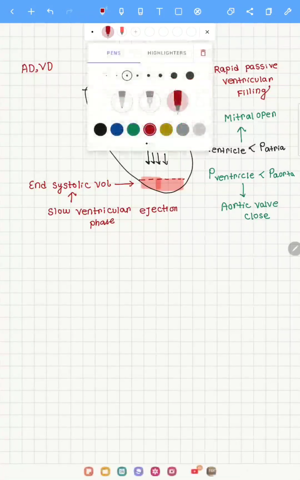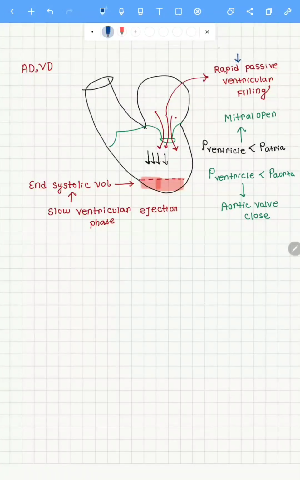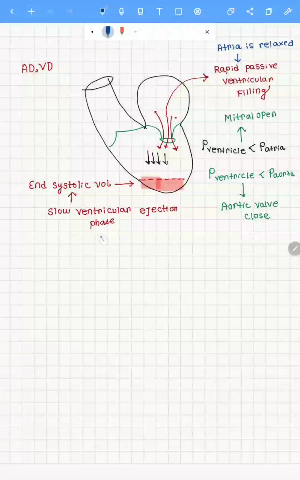Because atria is not contracting, atria is relaxed. That's why it is passive. This is the fifth phase.